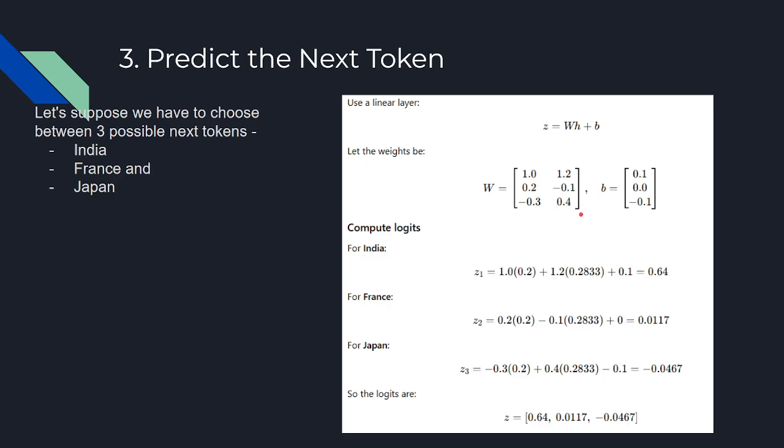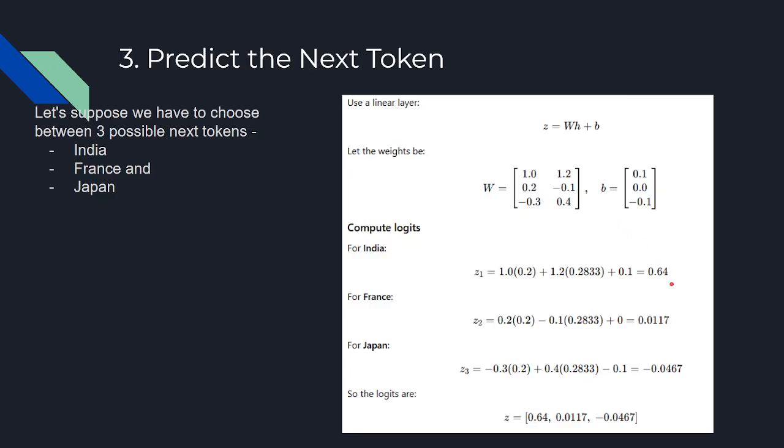For France, again, we are multiplying this with H, which is 0.2 and 0.2883. We are getting this particular value, and for Japan, we are getting these values. So these were the weights for India, France, and Japan simultaneously. We multiplied these with the context vector, 0.2 and 0.2883, that we found just by averaging.